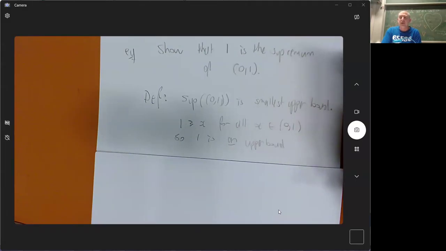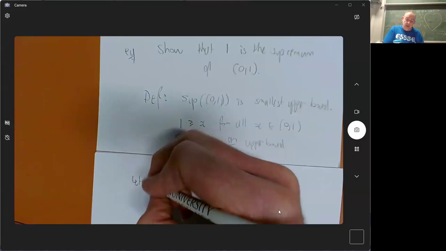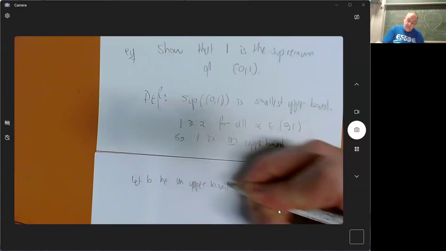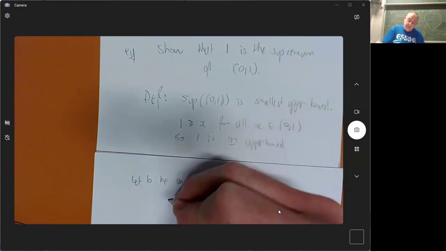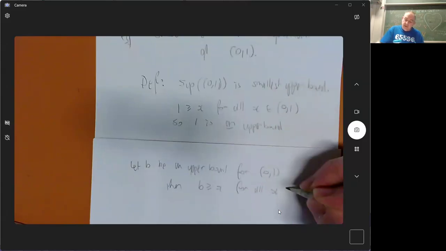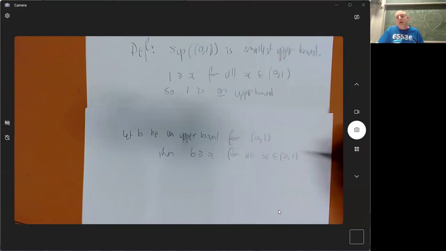The other one I feel is a little bit roundabout, double handling and saying things twice but backwards. My imagining is that if I said, let B be an upper bound for [0, 1], then B is greater than or equal to x for all x in [0, 1], right? And somehow I have to get from that information that B is greater than or equal to 1, which kind of is assuming that 1 is the smallest upper bound anyway, and it just feels weird.